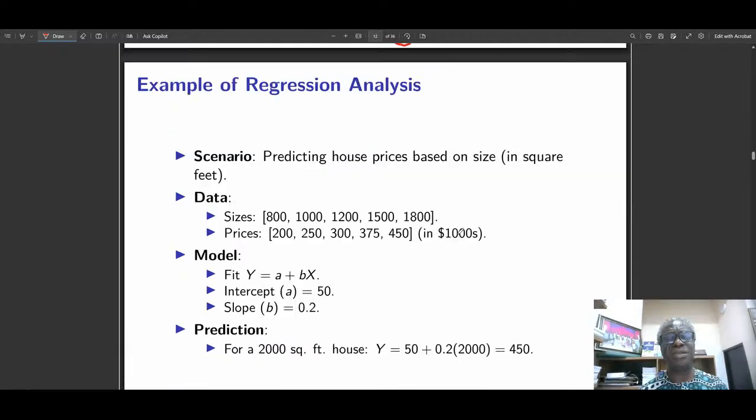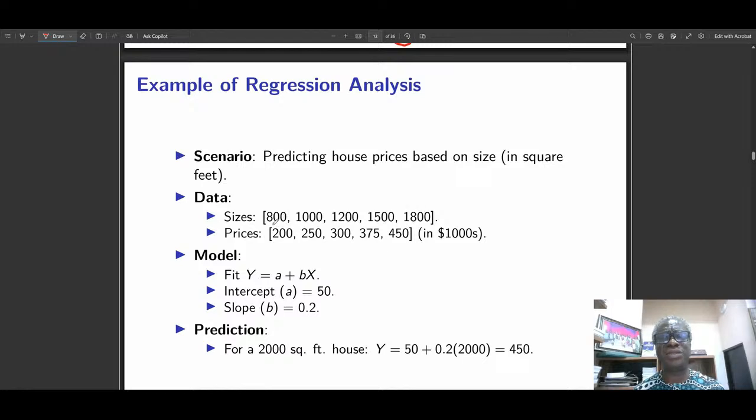So we can look at this simple data, which is about house prices and the size in square feet. So it's relating house prices with the size in square feet of the house. There are 5 observations here.